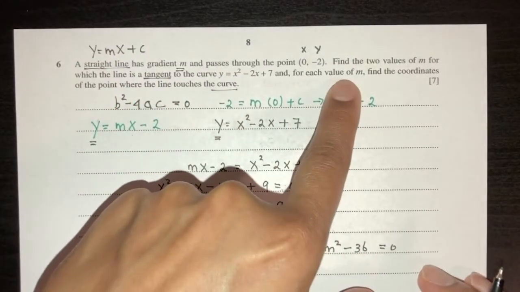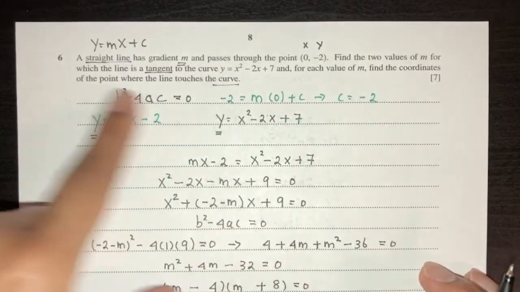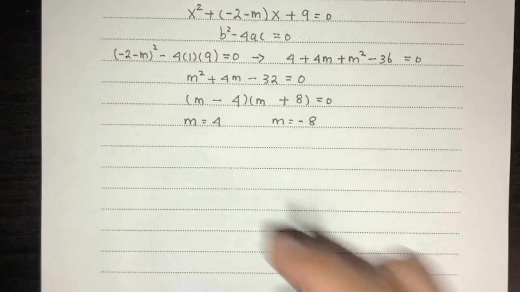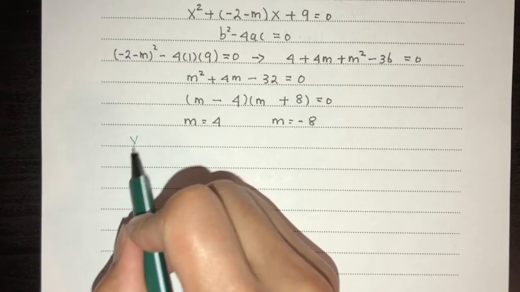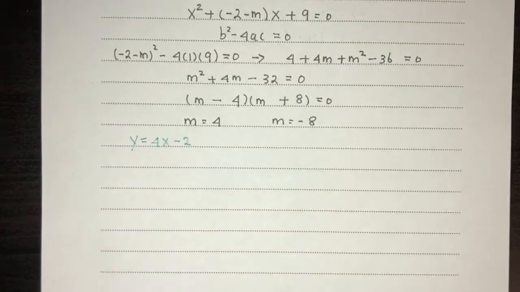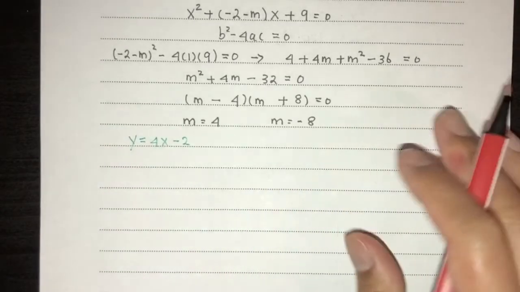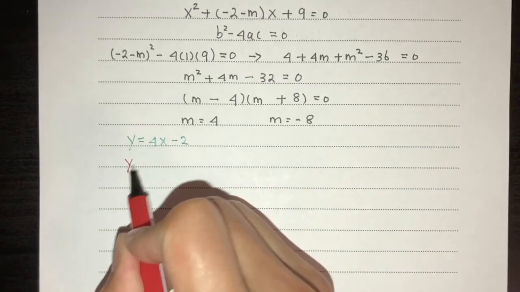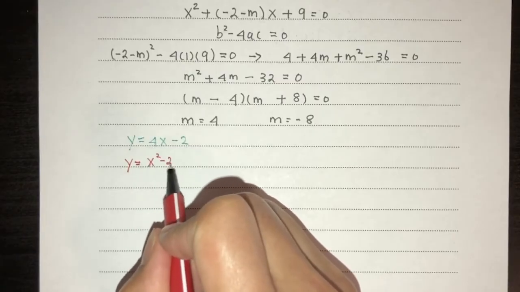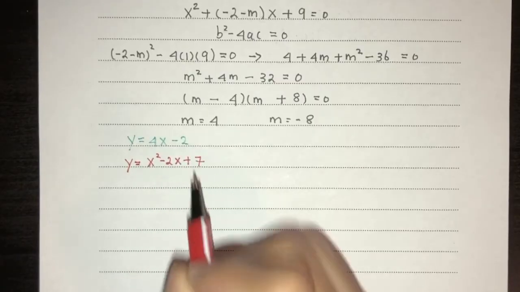Now the question says that for each value of m, find the coordinates of the point where the line touches the curve. So when m equals 4, your line is y equals 4x minus 2, and your curve is y equals x squared minus 2x plus 7.